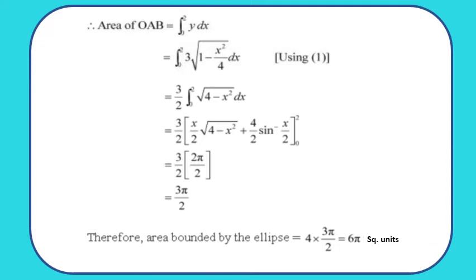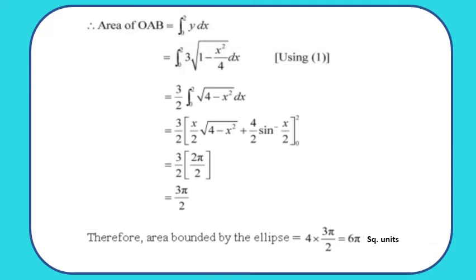So 0 to 2, y is 3 under root 1 minus x square upon 4. Taking 3 and 2 out of the integral, we get 3 by 2 integral 0 to 2 of under root 4 minus x square dx, which is in the form under root a square minus x square. Applying the identity of integral, we get 3 upon 2 into [x by 2 under root 4 minus x square plus 4 by 2 sin inverse x by 2] within the limit 0 to 2, which after applying the limits gives 3 upon 2 multiplied by 2 by 2, which is equal to 3 pi upon 2.